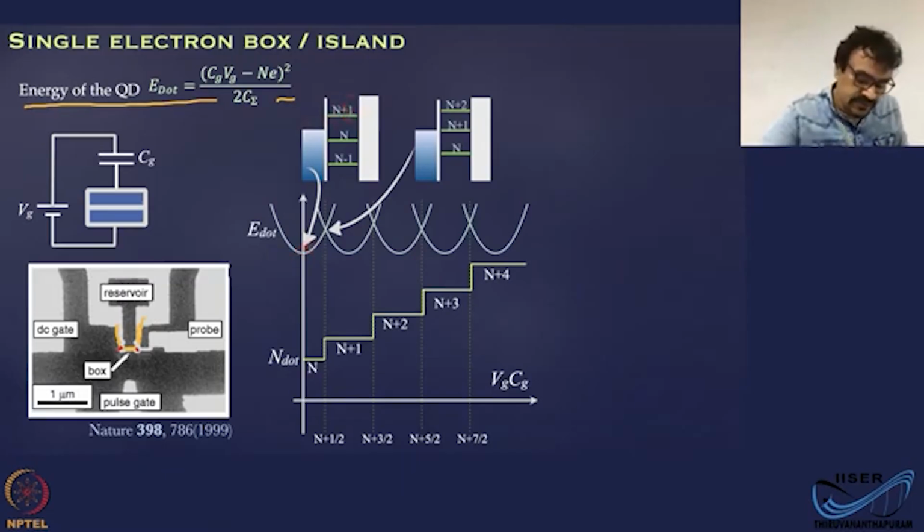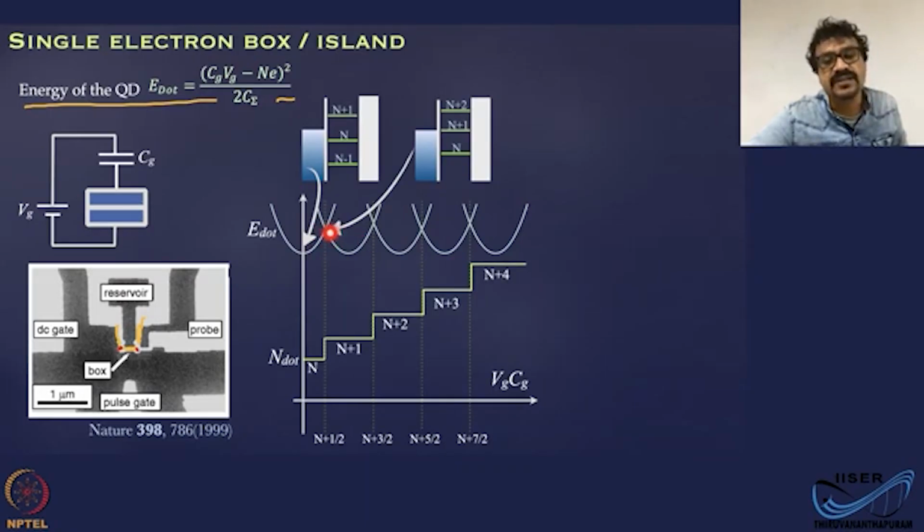Now when you vary the gate, you are going to walk through this parabola, but at this point, where the gate voltage gives you an effective charge of n+1/2, the parabola corresponding to n electrons and the parabola corresponding to n+1 electrons are going to meet at this point.